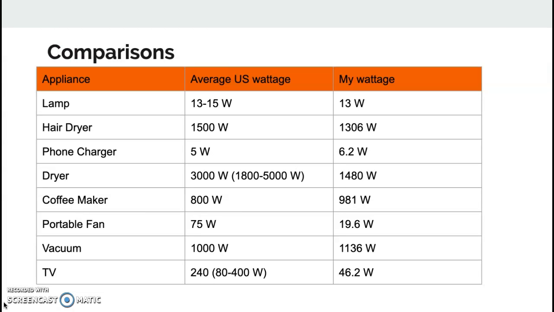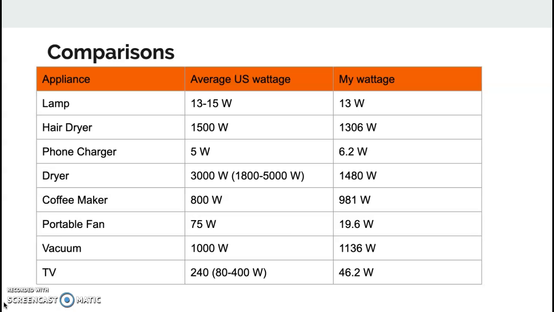These are my comparisons of the average US wattage of each appliance to my wattage. So every appliance was relatively similar except for 2, which included my dryer and my TV. My dryer had a relatively low wattage because the average US was around 3,000 watts or 1,800 to 5,000, and mine was 1,480, and I attribute that to my dryer being very old.